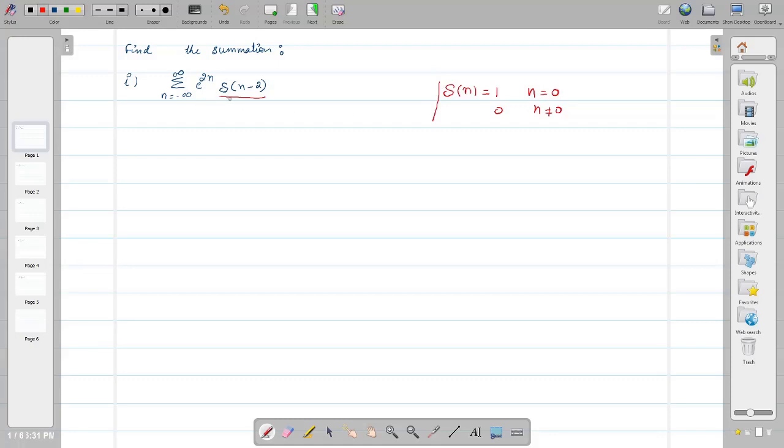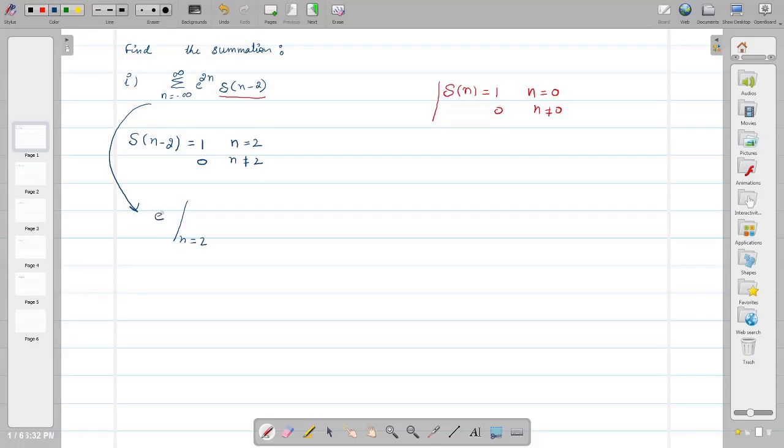Now, in the given statement, delta n minus 2 is equal to 1 only for n equal to 2, and it is 0 for n not equal to 2. It means this expression is defined only for n equal to 2.